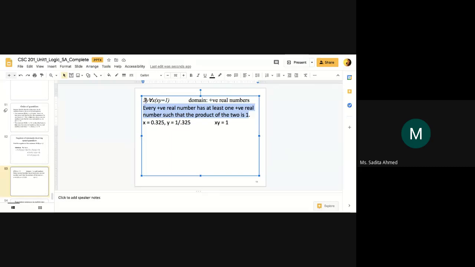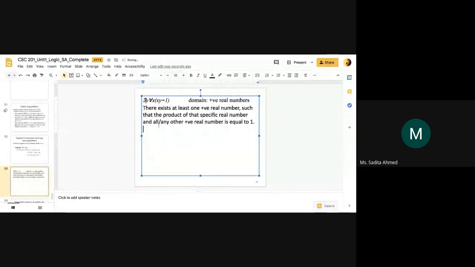Now it means that there exists, because the existential quantifier came first, there exists at least one positive real number such that the product of that specific real number and any other positive real number is 1.